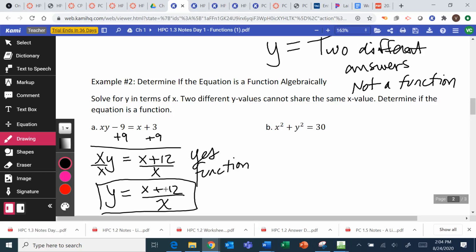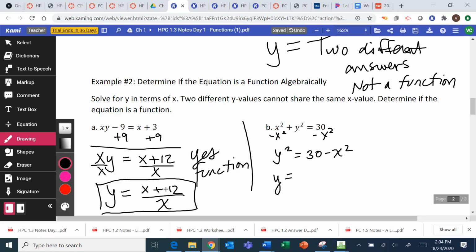Question B, same thing, we're going to solve for y. So I need to first take away x squared from both sides, and I get y squared equals 30 minus x squared. And then to get y by itself, we have to square root. What's the rule? If you square root, you got to do something else.